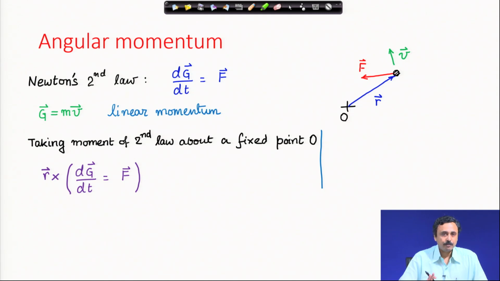Therefore, whenever we define moment, it is the arm cross the vector: r cross the rate of change of linear momentum on the left hand side and r cross F on the right hand side.